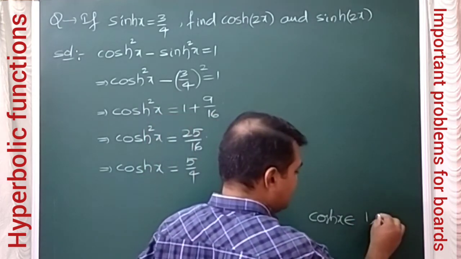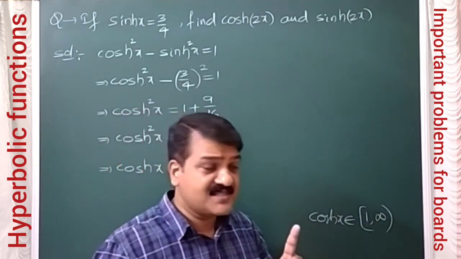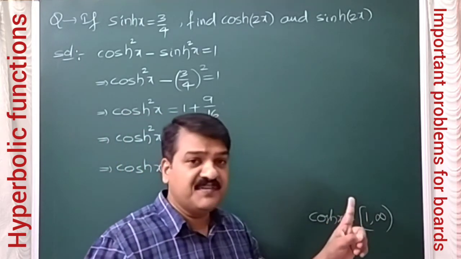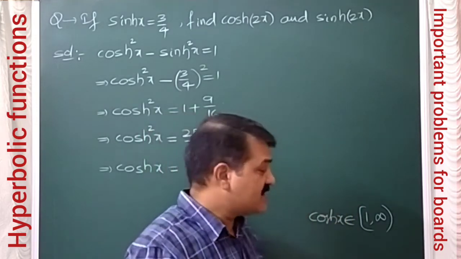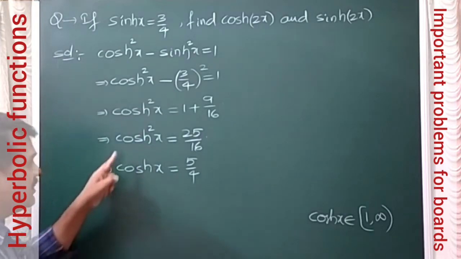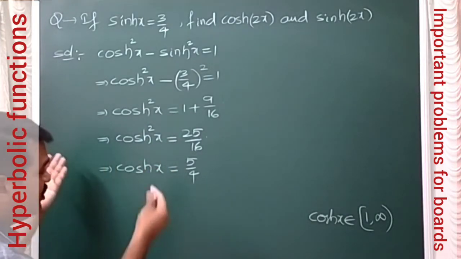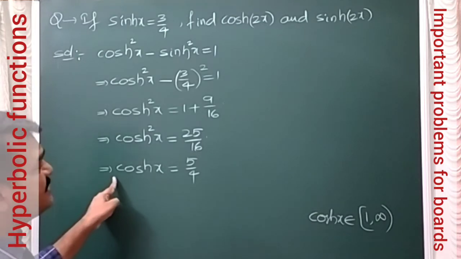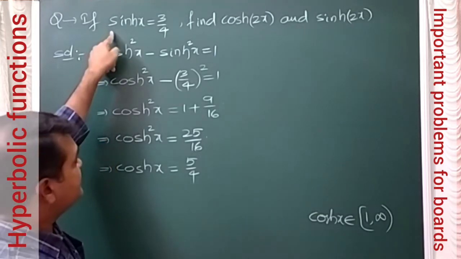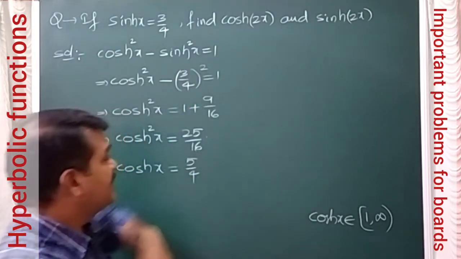The range of cosh x is 1 to infinity, which means cosh x can never be negative. Therefore, I did not write plus or minus 5 by 4, because we know cosh x is only positive. So this is the cosh x value. Now sinh x is given and cosh x we also know.